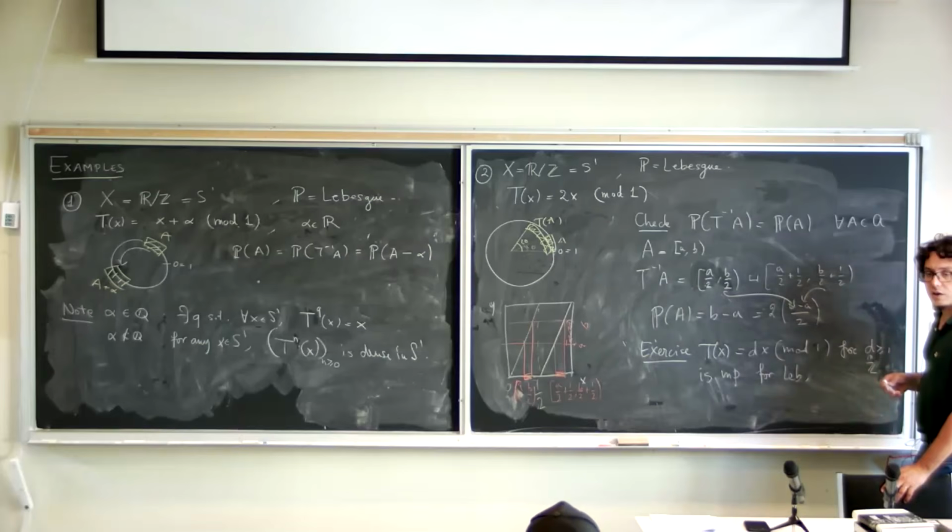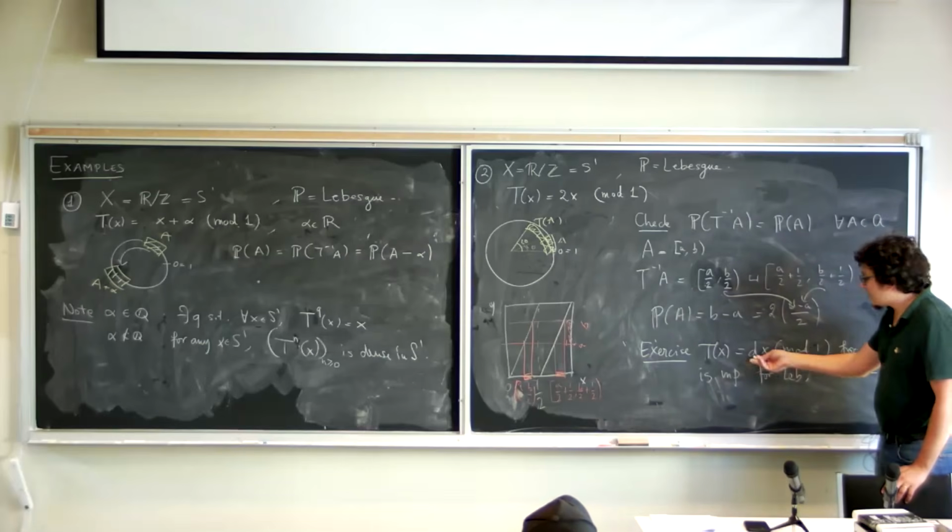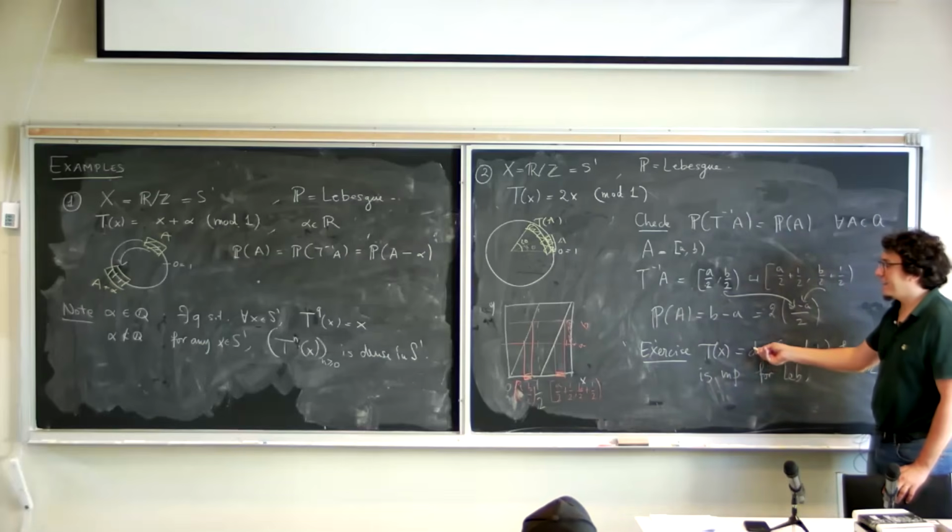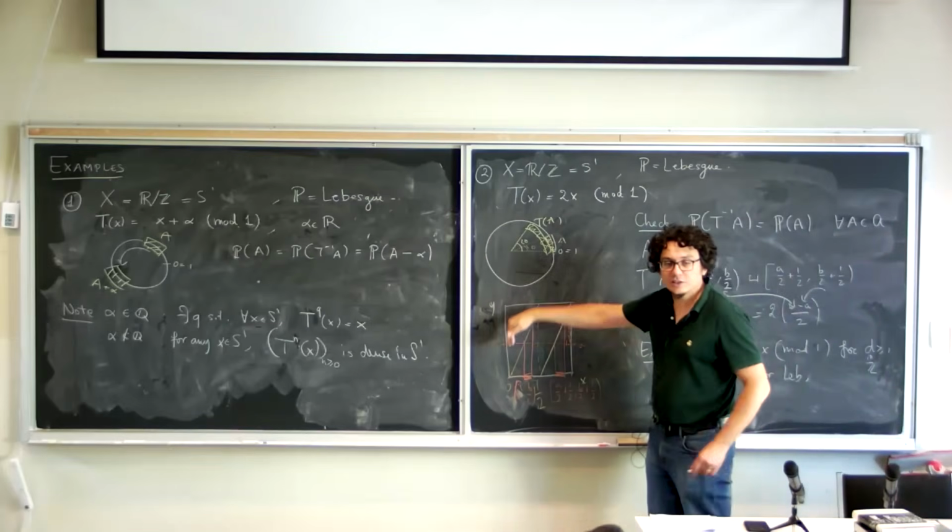Yes? Is this like an if and only if D is an integer? Very good question. This is one of the homework problems. So you could, in principle, look at a different slope.